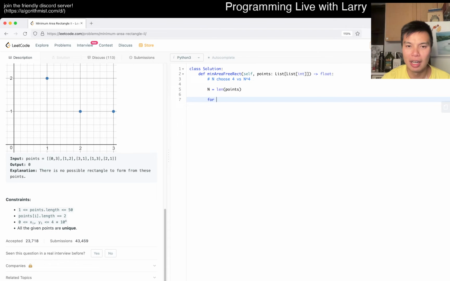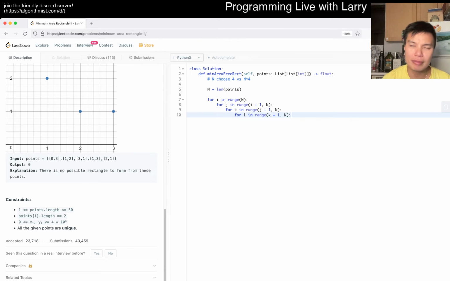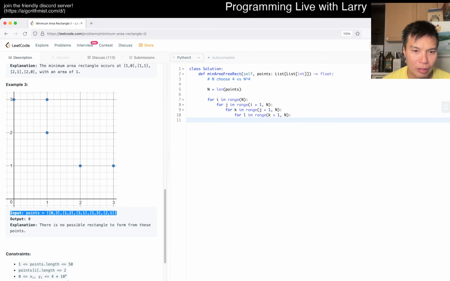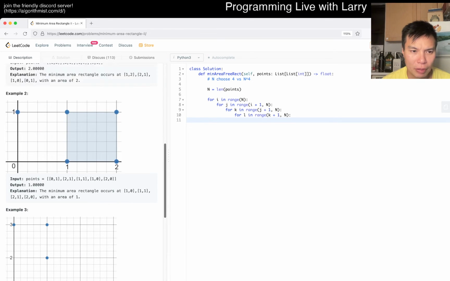So let's try. First we do the loops. And then the question is, well, what is a rectangle, right? A rectangle means that given a rectangle, I also have to double check that we don't duplicate, but I think this should be okay.